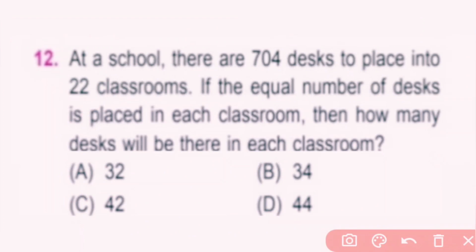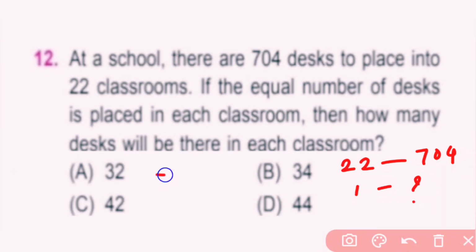Number 12. At a school there are 704 desks to place into 22 classrooms. If an equal number of desks is placed in each classroom, then how many desks will be there in each classroom? So in 22 classrooms there are 704 desks. So in one classroom how many desks?